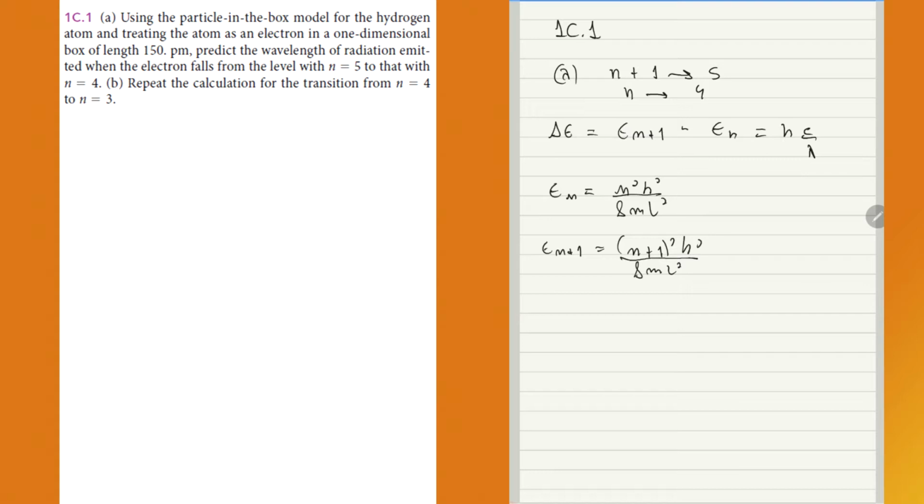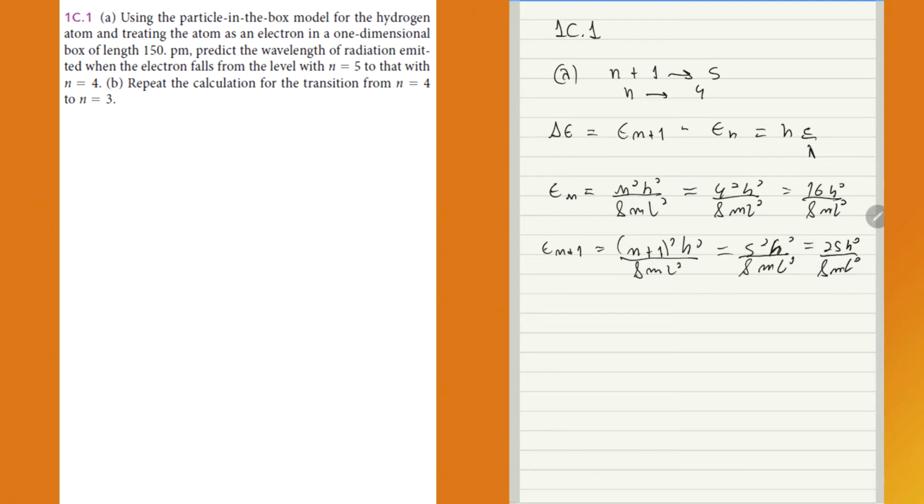We know that n equals 4, so we place 4 here and we get 16 h squared over 8 m L squared. And here we get 5 squared h squared over 8 m L squared, which is equal to 25 h squared over 8 m L squared.